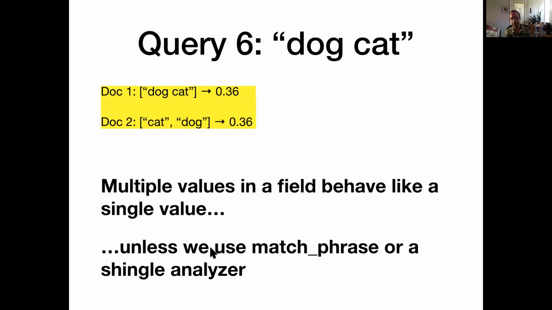If we were to use match phrase, we would only get a match in document 1, and if we were to use a shingle analyzer, taking bigrams of the query, again, only document 1 would match. But with a very basic setup, multiple values in a field behave like a single value.